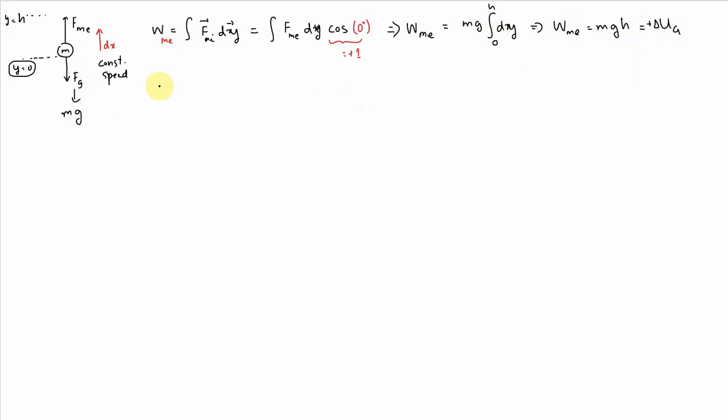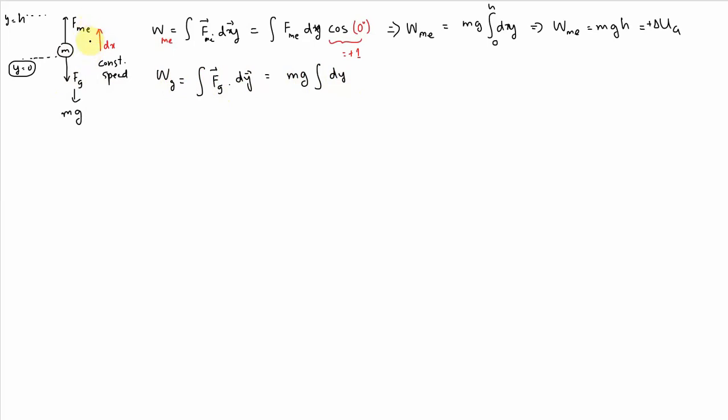Conversely then, I can now focus on the work done by gravity. The work done by gravity is nothing but the integral of force of gravity dot dy. Now I'm very careful. This you can expand out. This is mg times the integral of dy, but the angle now: Fg is downward, displacement is upward.